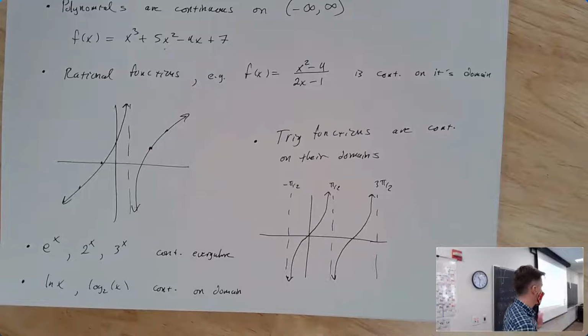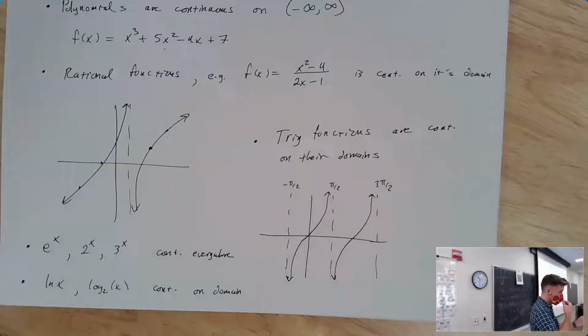Most teachers usually let you just get to know that this is true, and you don't have to prove that a polynomial is continuous everywhere. You're allowed to just state it. This is important when we start talking about the intermediate value theorem, because one of the criteria of the intermediate value theorem is that the function you're dealing with is continuous, at least on the interval that you're given.